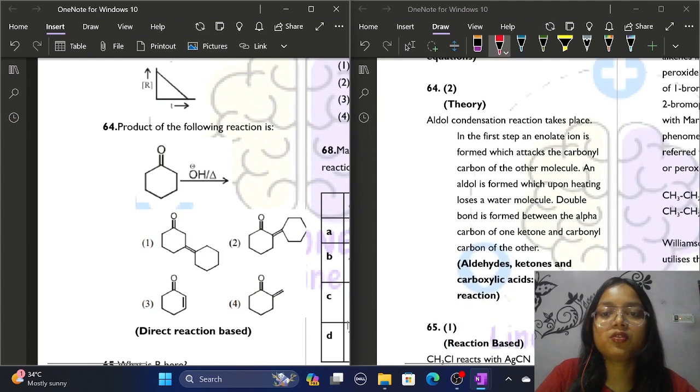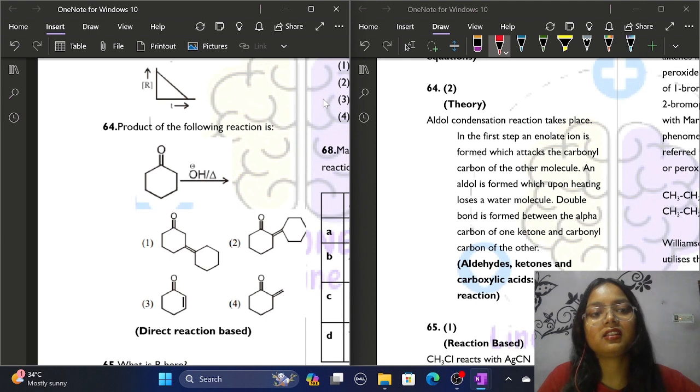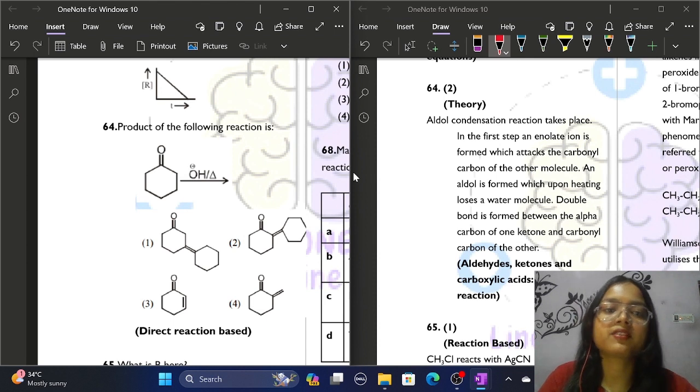Question number 64. The product of the following reaction, this on reaction with OH minus and heating, what is the product that we observe? In this case, an aldol reaction will take place.